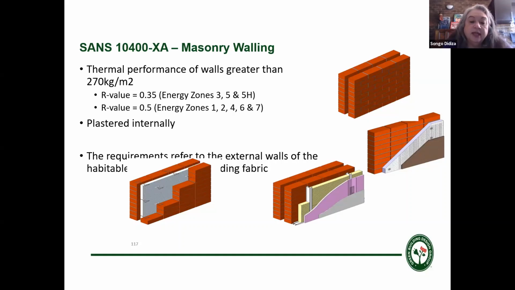So this is our step-by-step way of getting to a better performing building, is that every time we do a version of 10400XA, it will slightly increase the requirements, and finally we'll get to like the optimum buildings. So you'll see at the bottom left-hand side, there's a cavity wall with insulation in. That was the first proposal we had, but they said again, it was a step too far. So probably in version 3, we might be looking at a cavity wall with insulation.